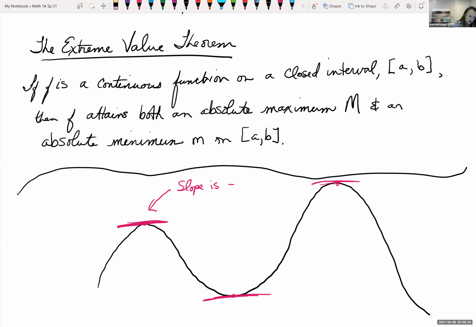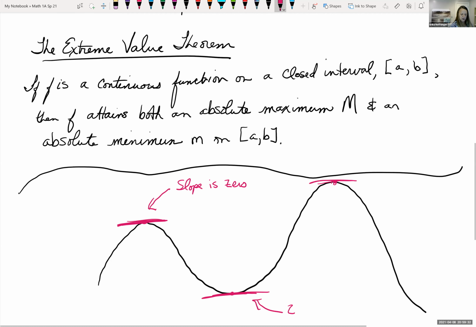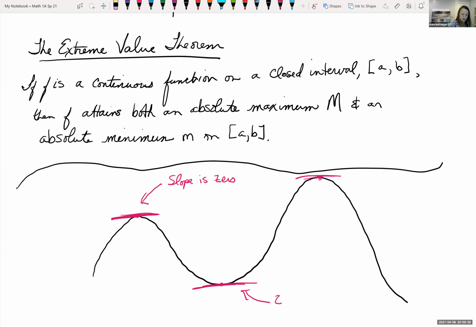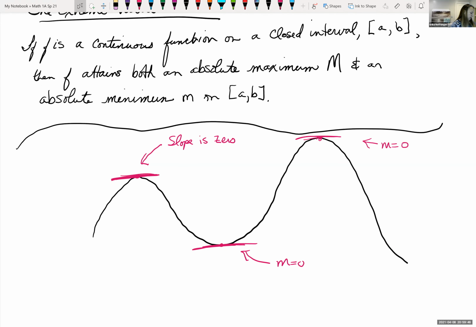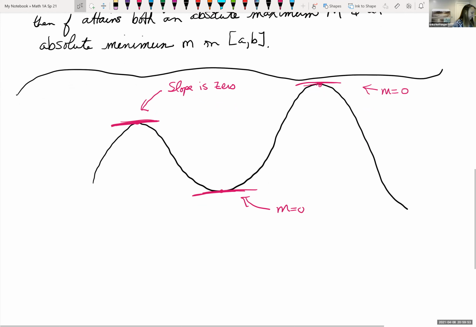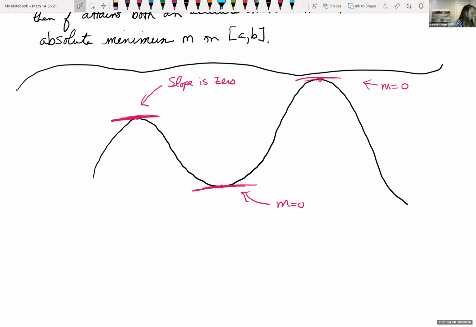And so when we're solving these, we want to find out where these are. These are called critical values. And this is our first derivative test.